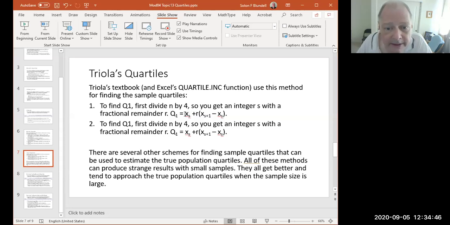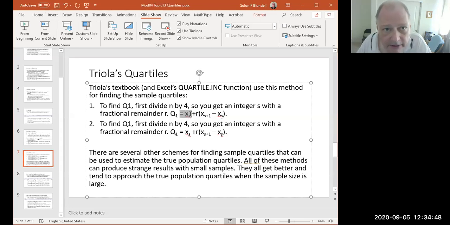So you get the 6th number in your list, and then you go 3/4 or 0.75, 75% of the distance between X6 and the next guy up. So it's called linear interpolation. You didn't hit right on the 6th guy in your list.